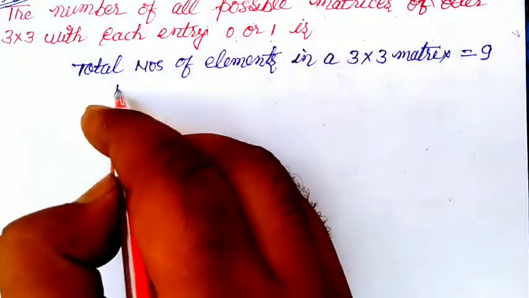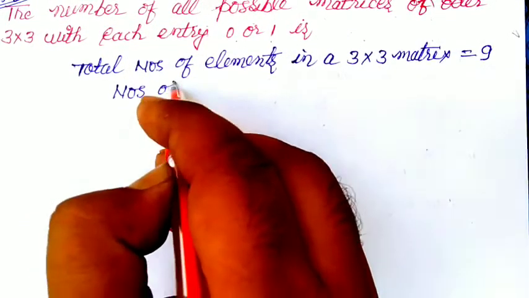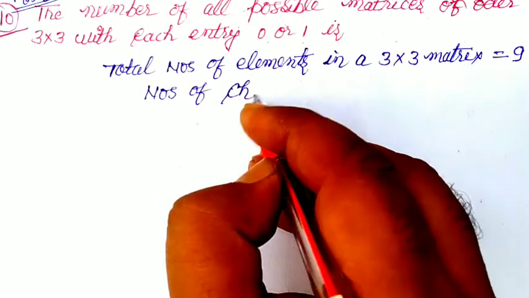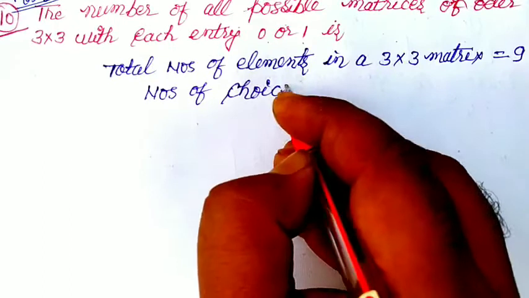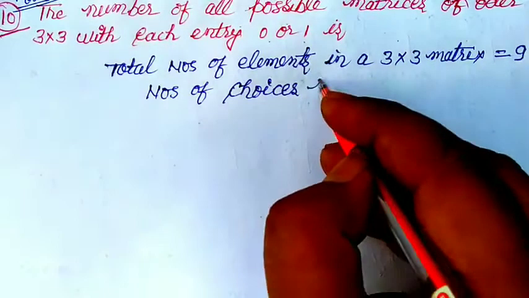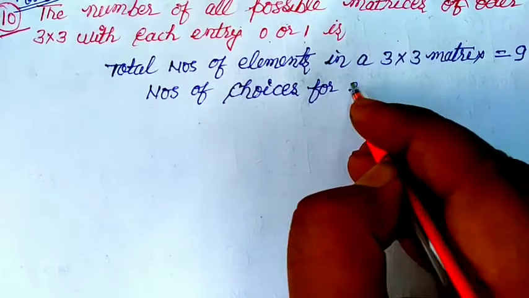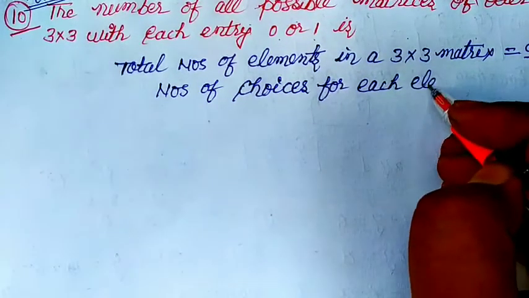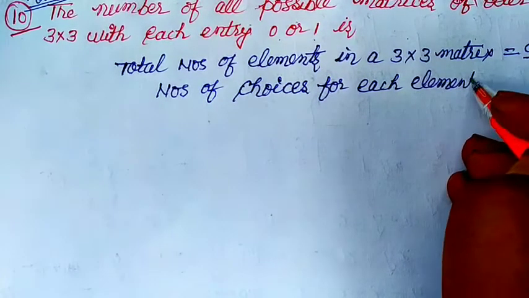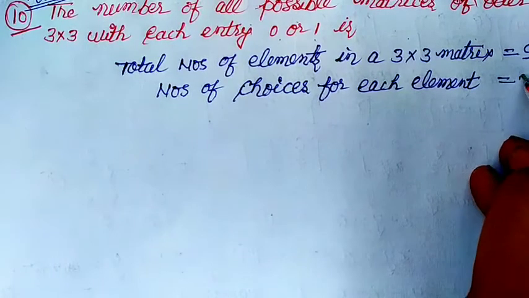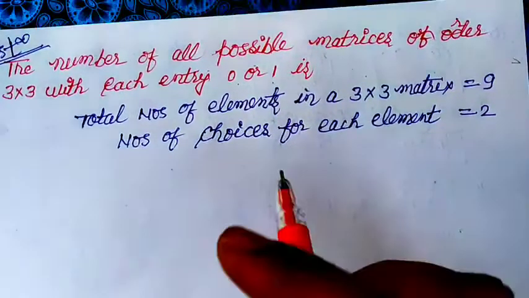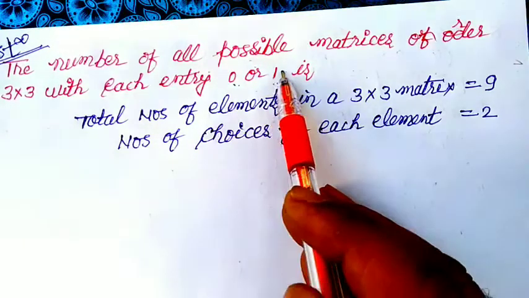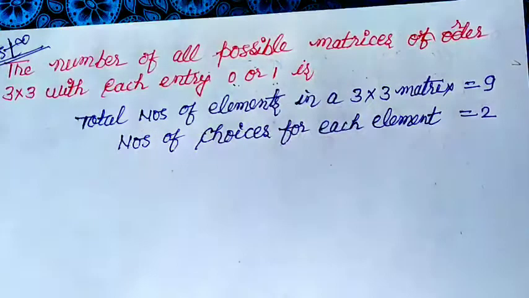Number of choices for each element: we have 2 here, because each entry is 0 or 1, so we have only 2 choices, isn't it?